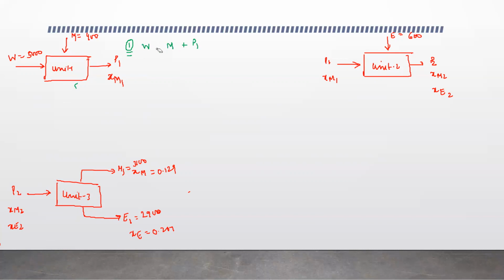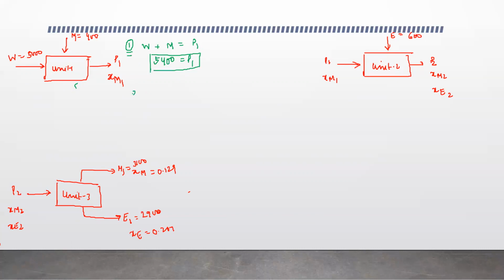So W plus M, because both of them are coming in, is equal to P1. W is 5,000, M is 400. So 5,400 is equal to P1. So P1 is 5,400 kg per hour.